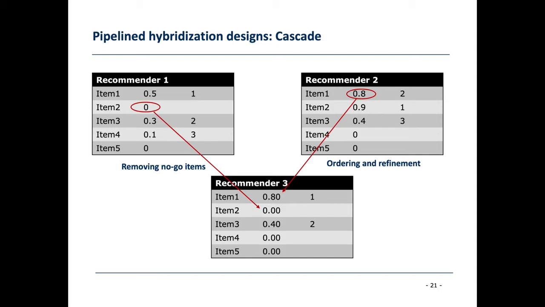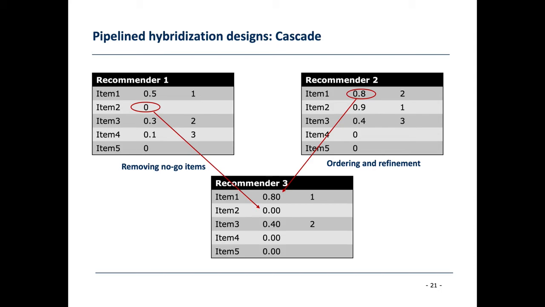So here's an example of a two-stage cascade model where recommender system 1 is actually assigning scores, but the importance here is simply binary. An item is either recommended or not recommended.